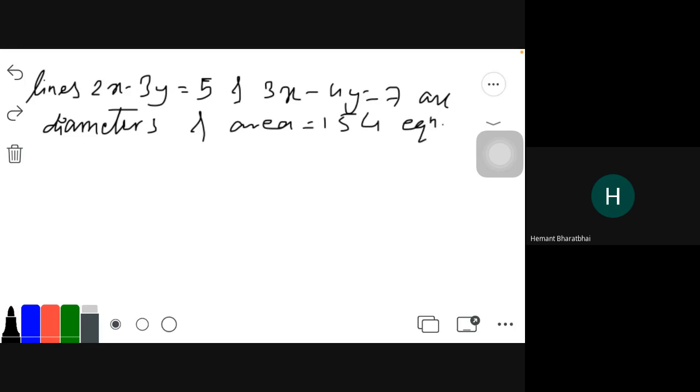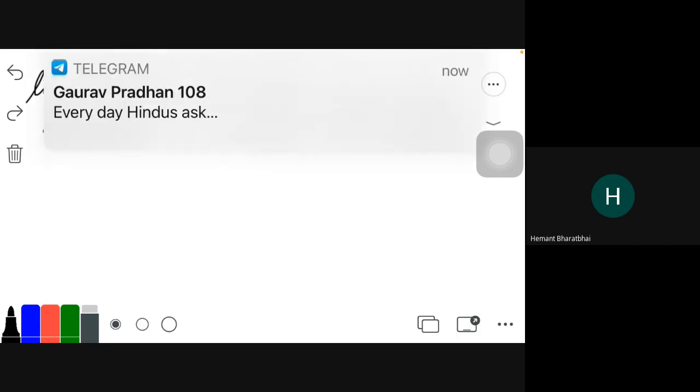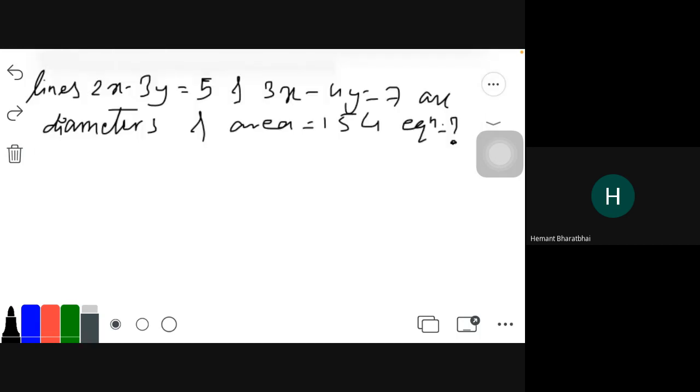Then the equation of the circle is? So I know the area of the circle, and I know that there are two lines which are diameters of the circle. Then I have to find the equation of the circle.